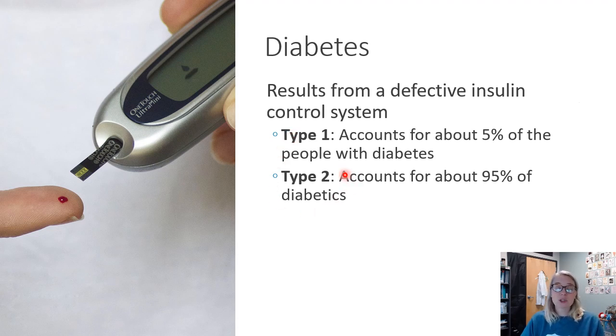Type 2 diabetes, which is the vast majority of people with diabetes, is called non-insulin-dependent or adult onset. This is more due to a dietary and exercise regimen that did not bode well for your pancreas. A lot of times consuming high sugar foods or a lack of exercise, your pancreas started out working fine, but then over the years it got too used to having all this sugar, and the pancreas is like, I give up, I'm going to stop working correctly.